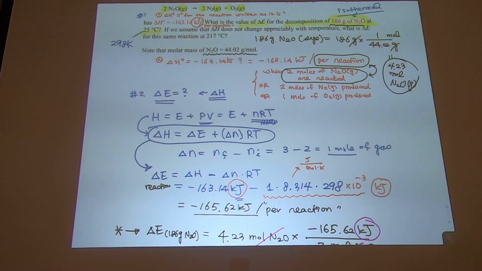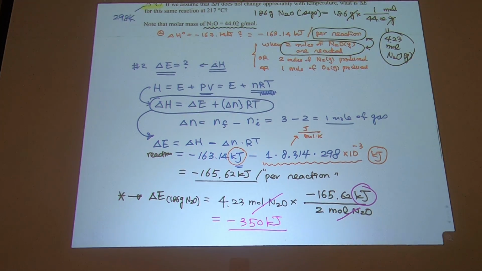Even for delta H's, you guys can calculate the same thing as a delta H for that system, multiplying this by this number divided by 2 moles of reactant, and that's what's there.